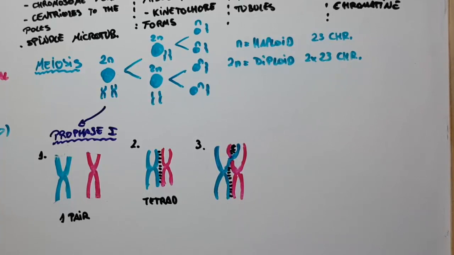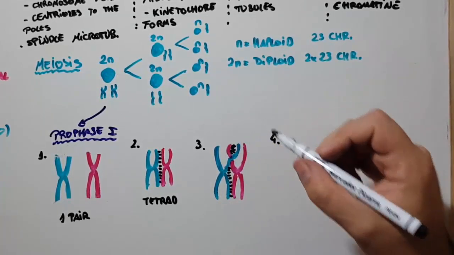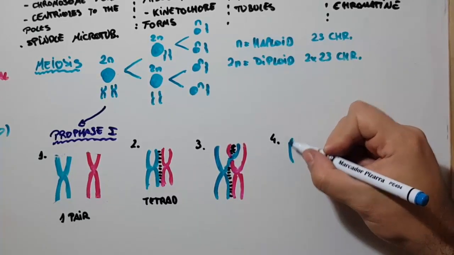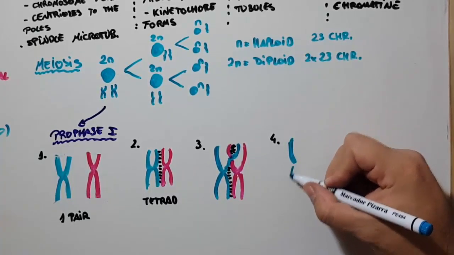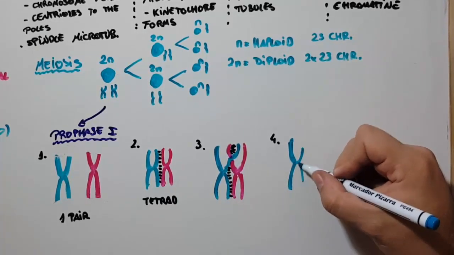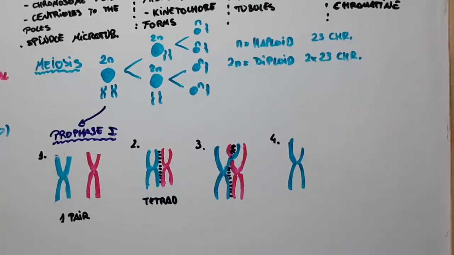And then they're going to break off. And this is the really spectacular thing. We're going to have a bit of your mom's chromosome in your dad's chromosome, and a bit of your dad's chromosomes in your mom's chromosomes.